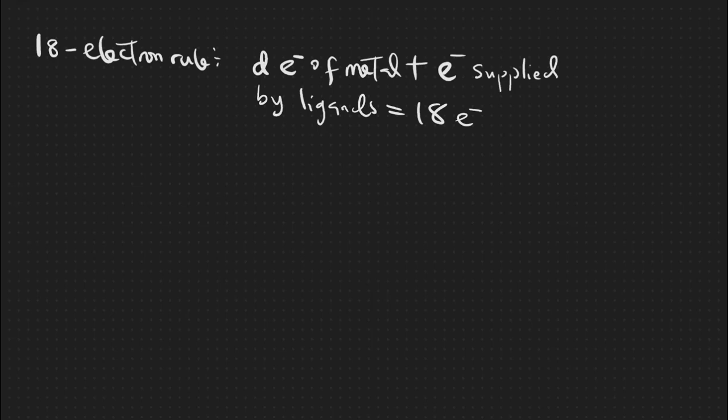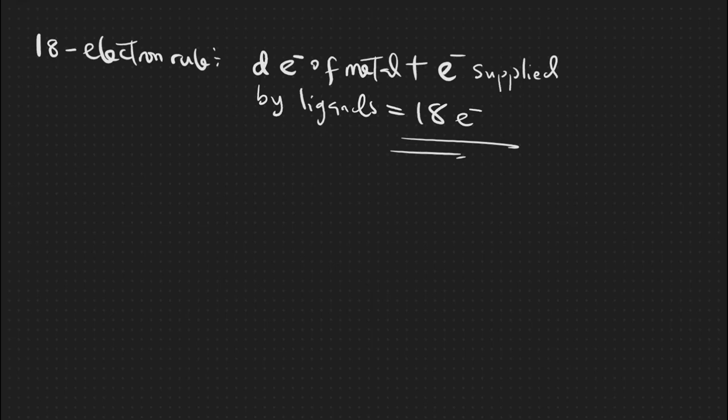So we should always have 18 electrons. That's the 18 electron rule. So let's see a very good example. But put it in mind that this 18 electron rule was proposed to explain the stability of transition metals and the organometallic compounds which they form.